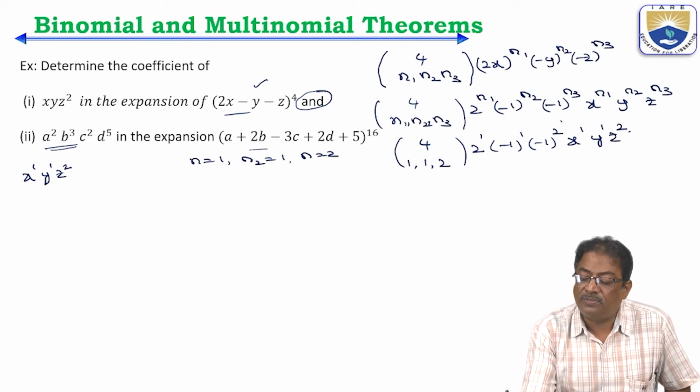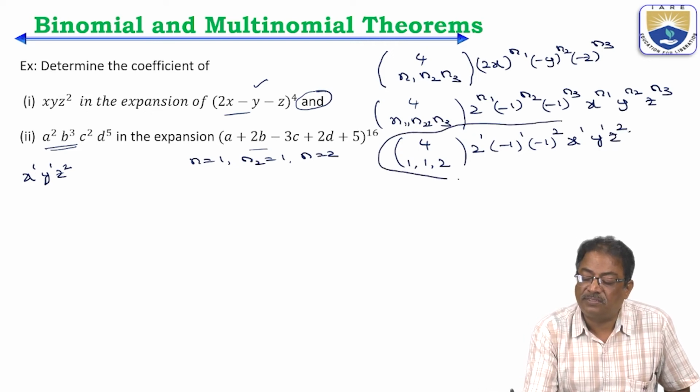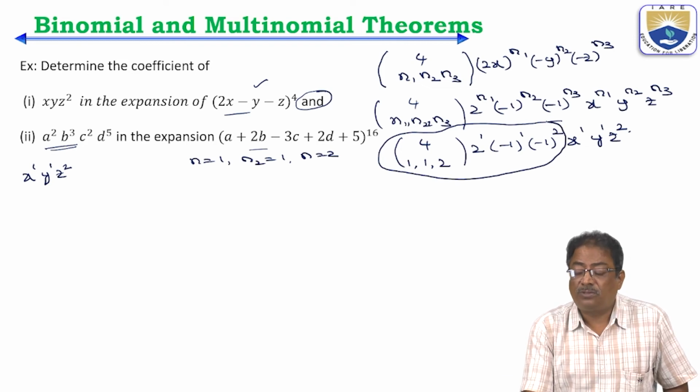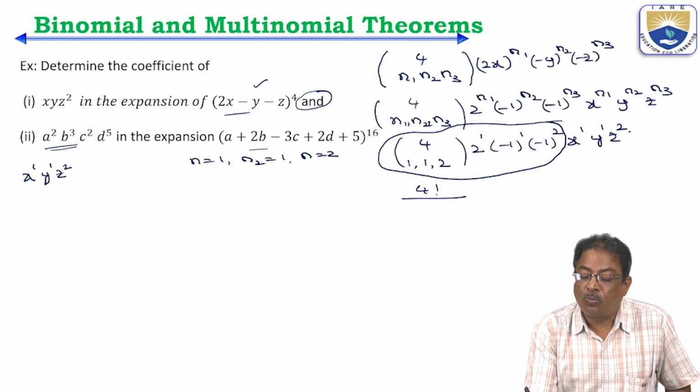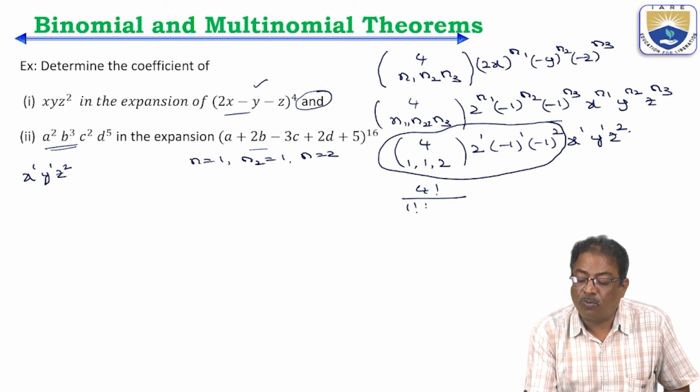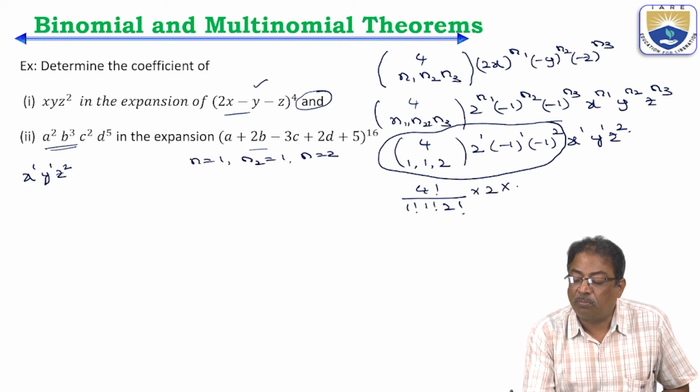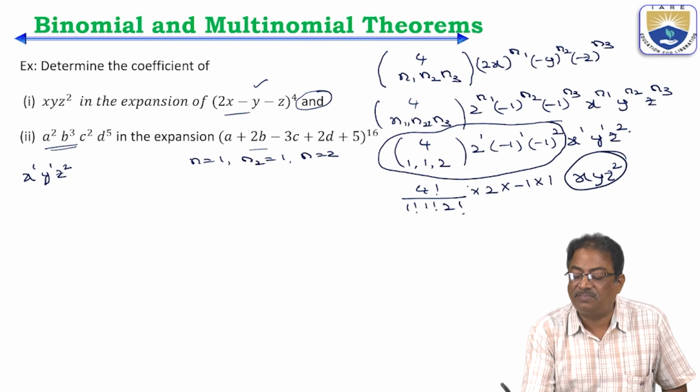This is the coefficient. So now I am going to write 4 factorial by 1 factorial into 1 factorial into 2 factorial, times 2, a minus 1, and a plus 1, x, y, z square. The coefficient of this is this.